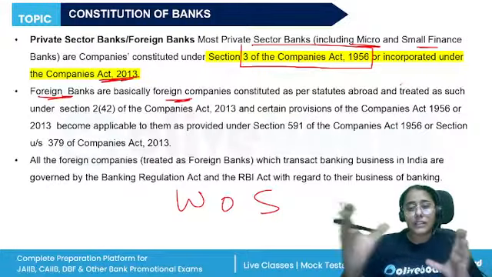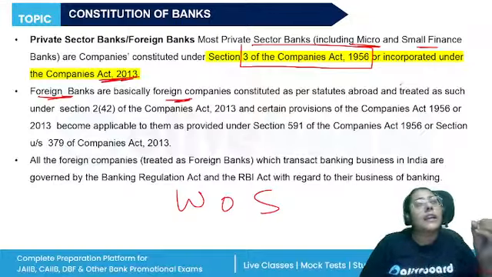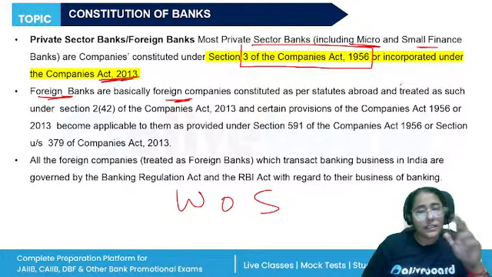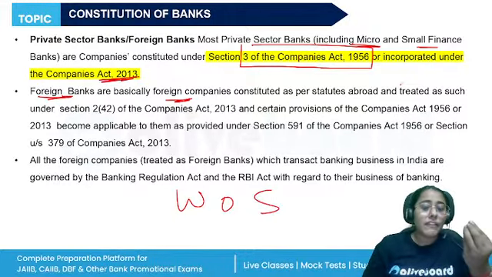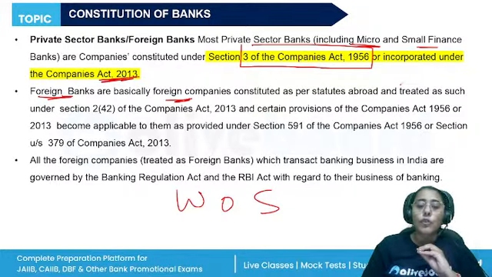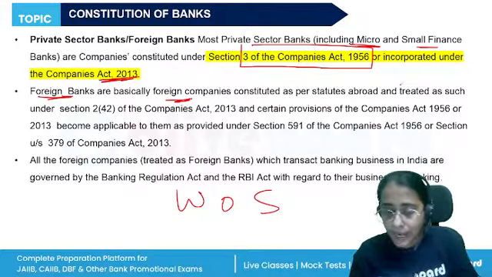When the countries have a good relation, they fulfill the requirements, like when there's the capital reserve requirement for public sector banks, foreign banks have to maintain a part of their profit with RBI, right? So all of these things they will have to follow if they want to operate in India, right?